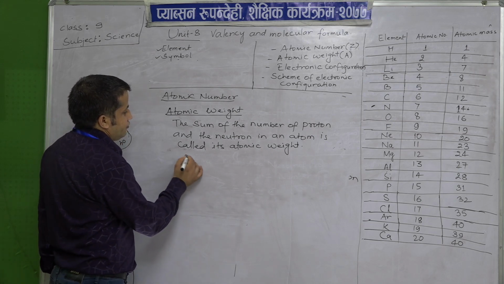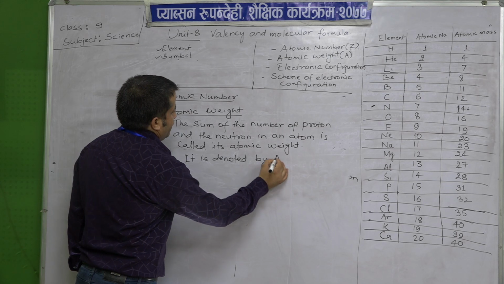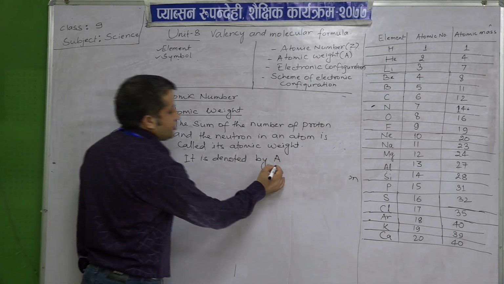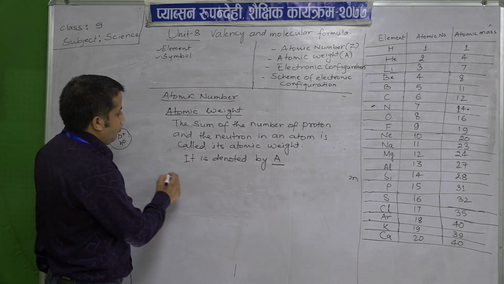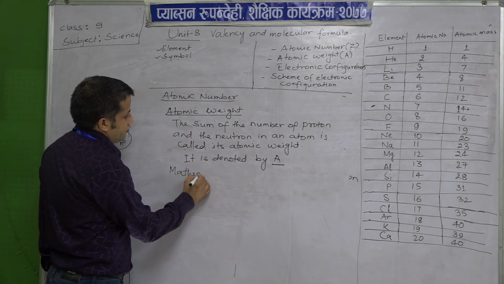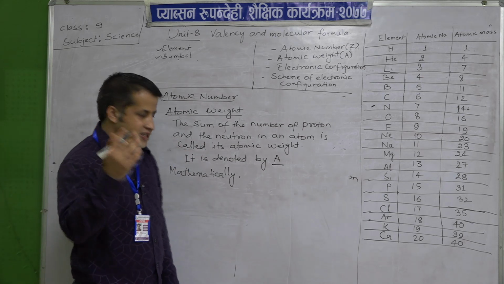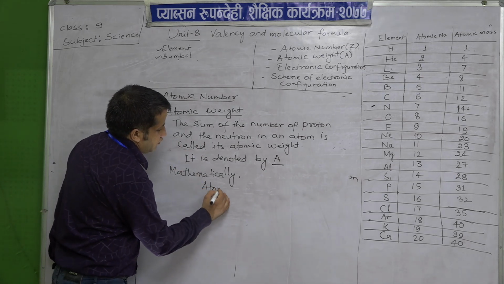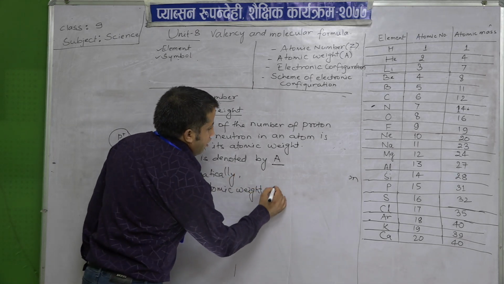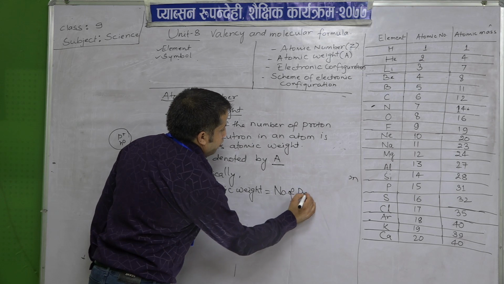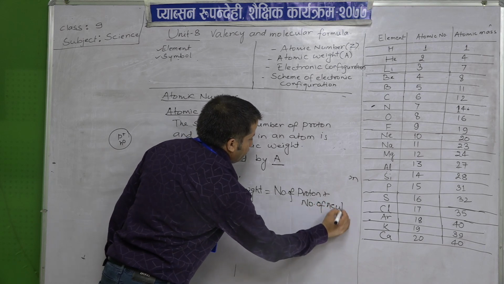So, it is denoted by capital A. The symbol by which it is written in chemistry language is A, and mathematically we can write the atomic weight as: atomic weight is equal to number of protons plus number of neutrons.